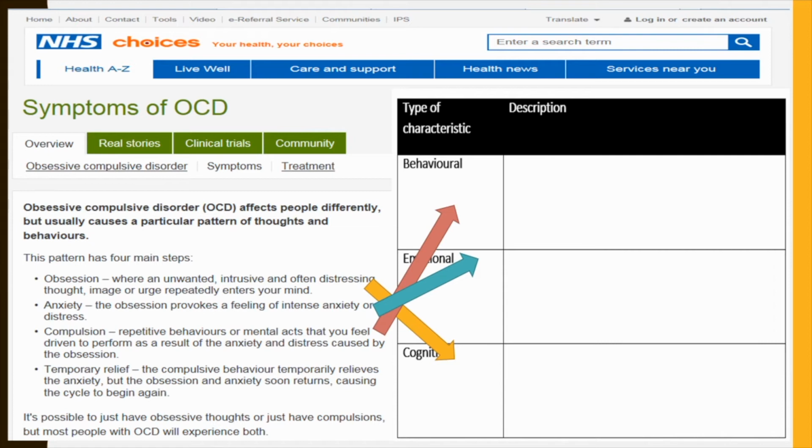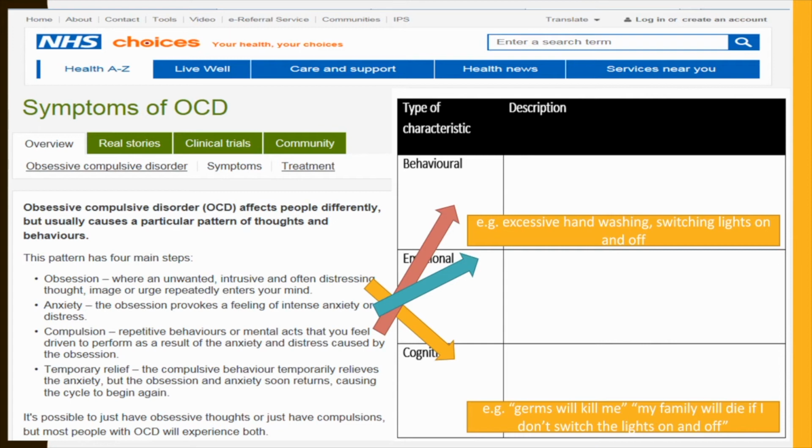Now for OCD, we've got the definitions, but we also might want to add in some examples. So an example of a behavioural symptom, a compulsion that they might carry out, would be excessive hand washing or switching lights on and off, etc., etc. A cognitive example would be thinking that germs are going to kill you.